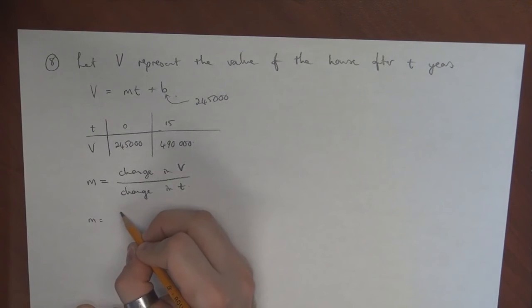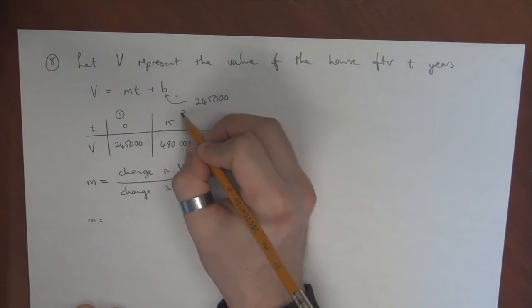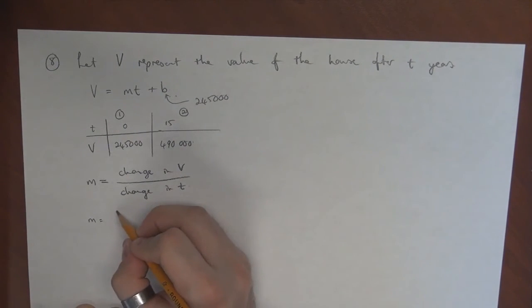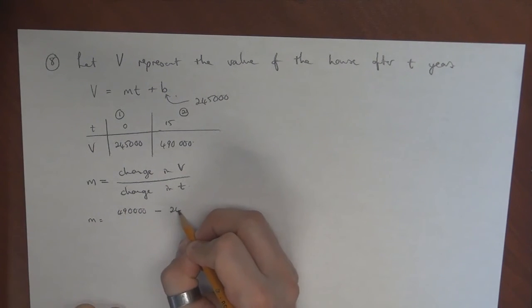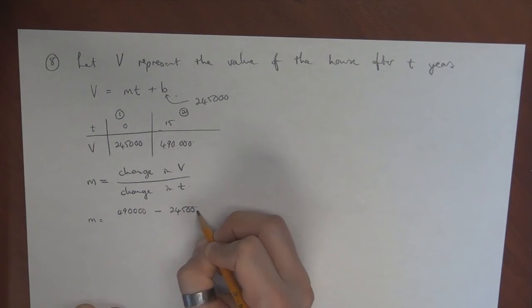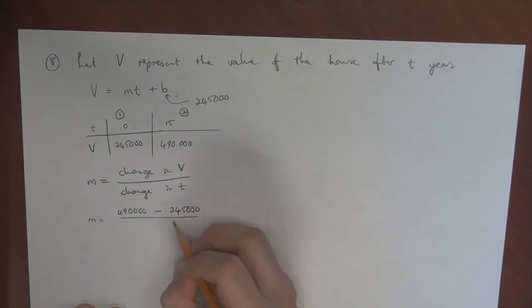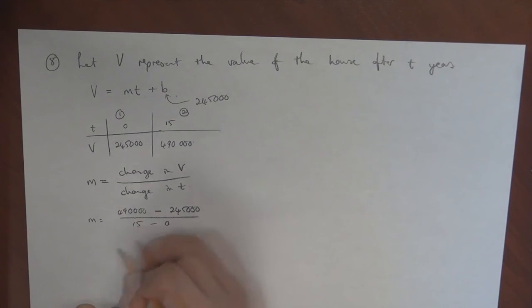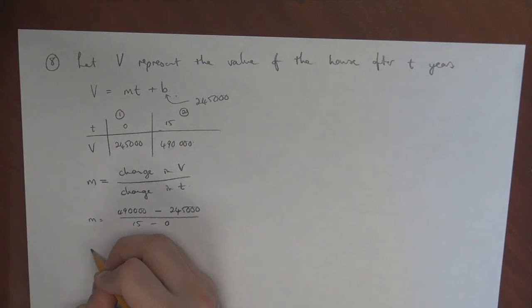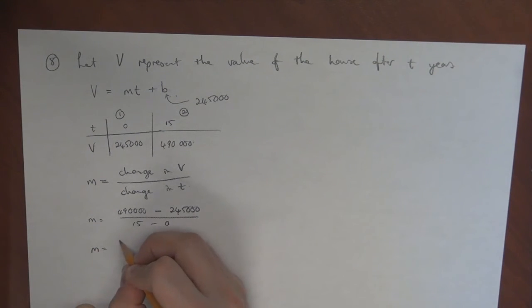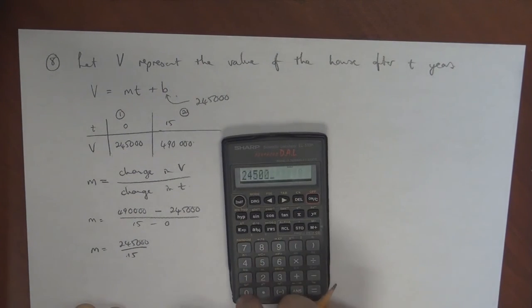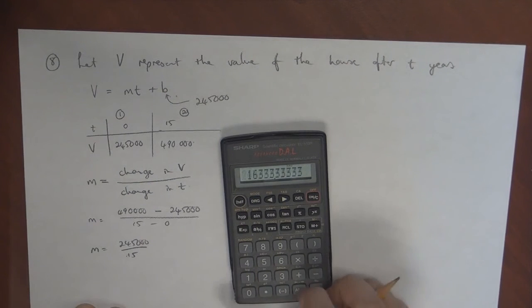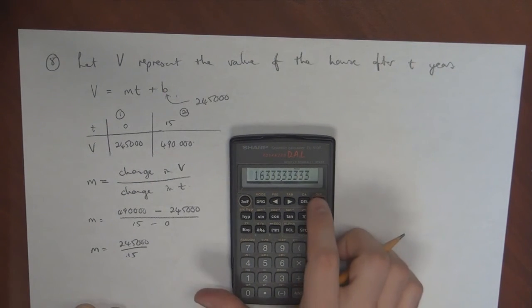So let's call this point 1 and point 2. Change in V is 490,000 minus 245,000 over 15 minus 0. So M is 245,000 over 15. Let's see if that's a nice number. 245,000 divided by 15. Sadly, it is not really.